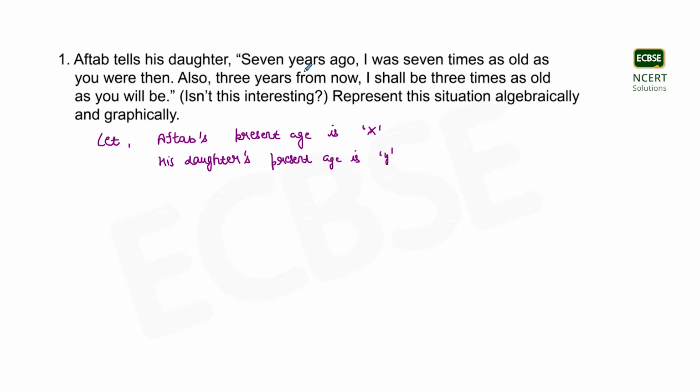first statement, what has been given is 7 years ago Aftab was 7 times as old as Aftab's daughter was then. Here Aftab is referring to the age they were 7 years in the past. That is, by subtracting 7 from the present age, we will get the age 7 years ago of Aftab as well as Aftab's daughter.